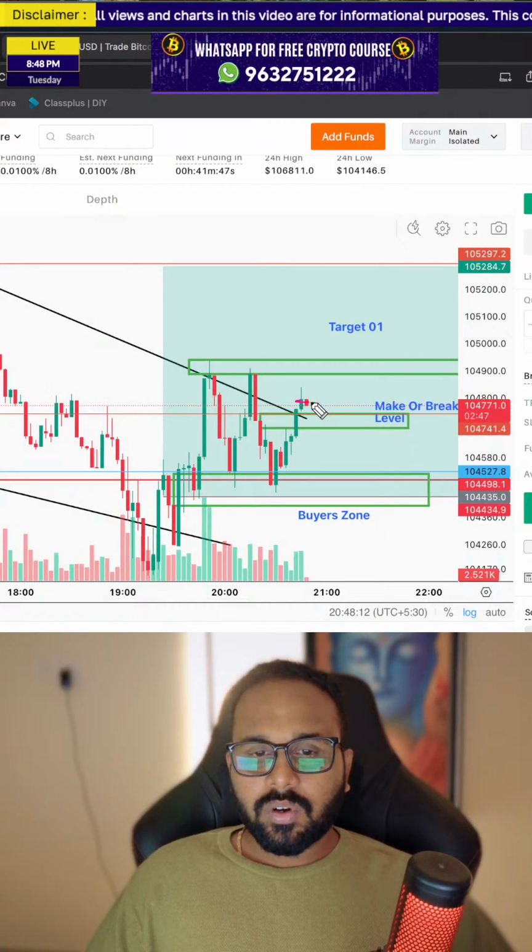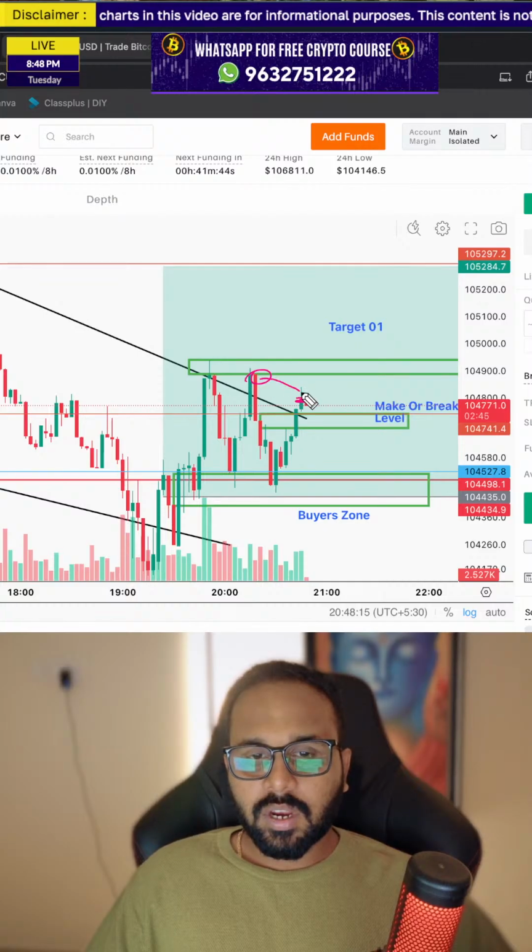Safe trader, you want to exit here. Like I said, the seller is kind of trying to hold. You want to exit means you exit. My stop loss is only here, so I'm just leaving it as it is.